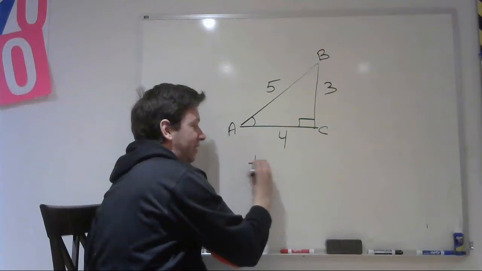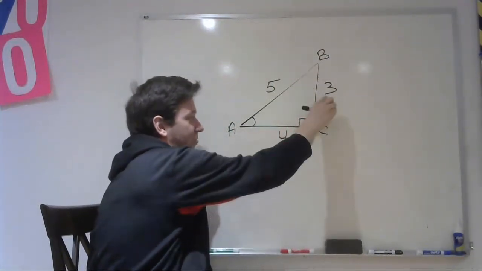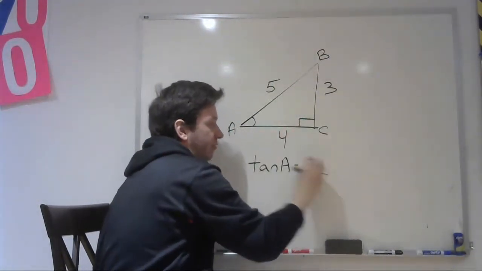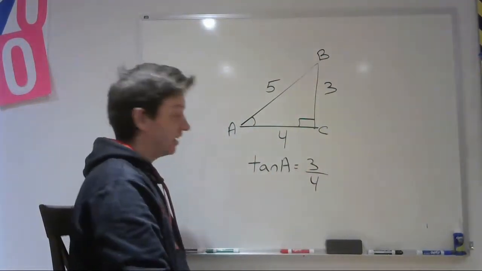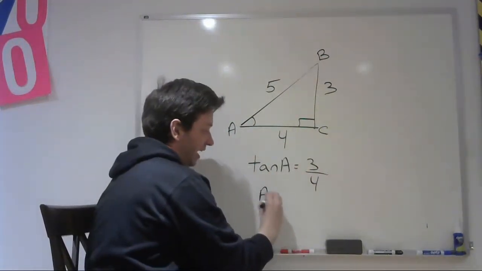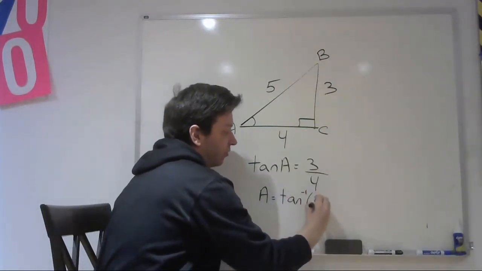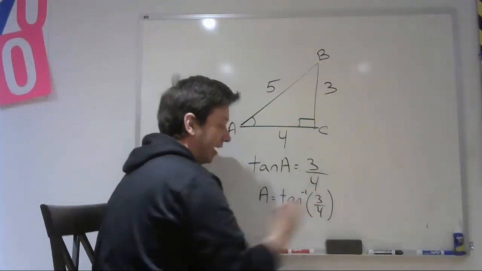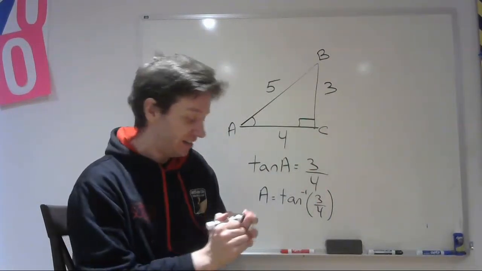Okay, it's going to be tan. So the tan of A equals opposite over adjacent. Now when you're solving for the tan of A, we're going to write A is the inverse tan of 3 over 4. And then we're going to punch that in on our calculator. I'll show you how to do that.